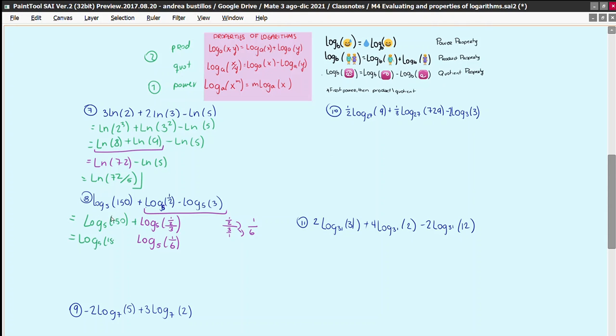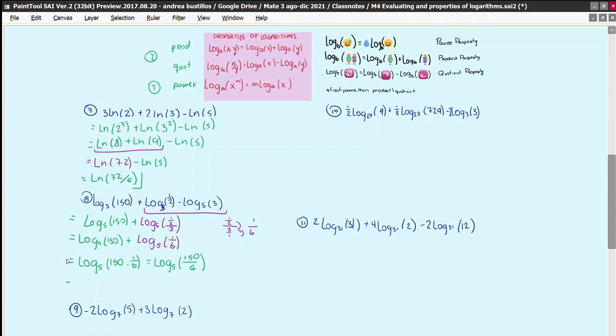Now I have two logarithms adding each other. So I can apply the product property to simplify this. Logarithm base 5 of 150 times 1/6. And this is the same as logarithm base 5 of 150 over 6.